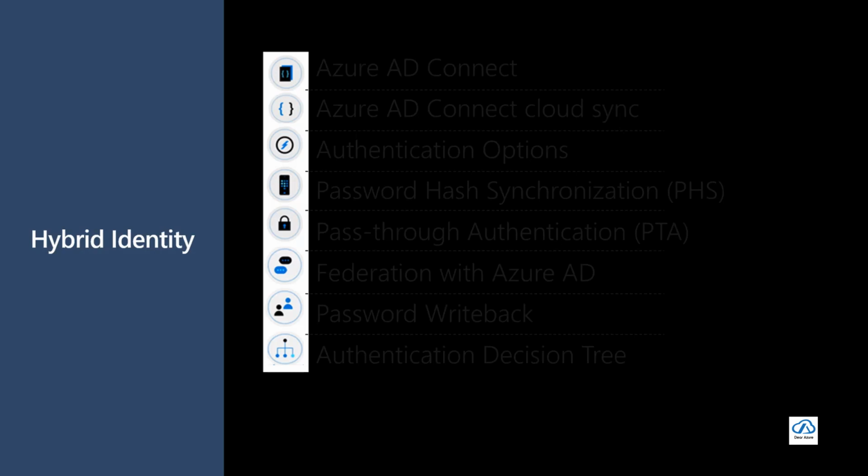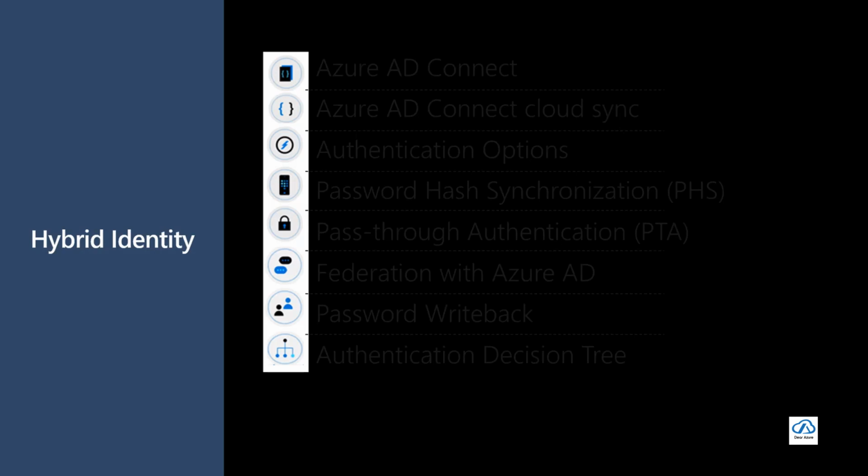So I'm going to talk a little bit about these one by one, starting with Azure AD Connect. The fundamental of Azure AD Connect is, as I said earlier, that it integrates your on-premises directory with Azure Active Directory. There has been a history of it, and for that you can see the previous video which Kasam has pasted. But at a high level, that is what it is.